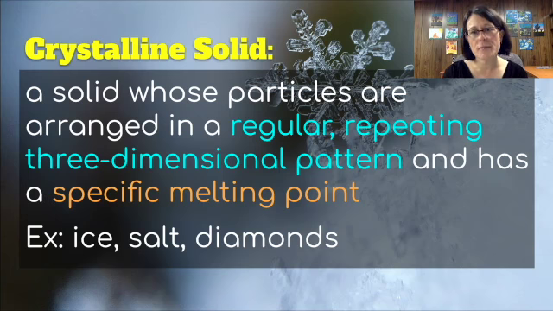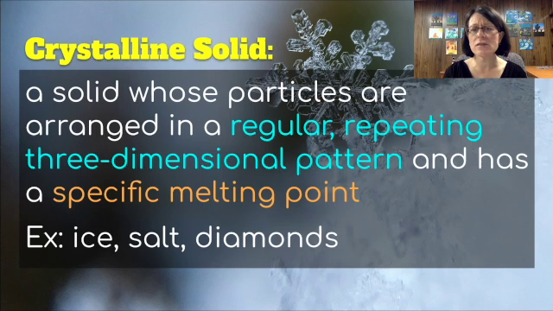There are two types of solids. The first is a crystalline solid, like the snowflake in the background. These are solids whose particles are arranged in a regular, repeating three-dimensional pattern, like the snowflake, and has a specific melting point. That means that when it hits a certain temperature, it all melts. Just like ice.